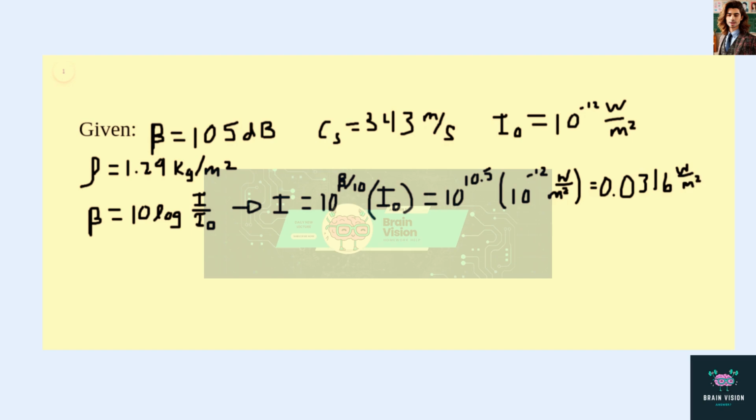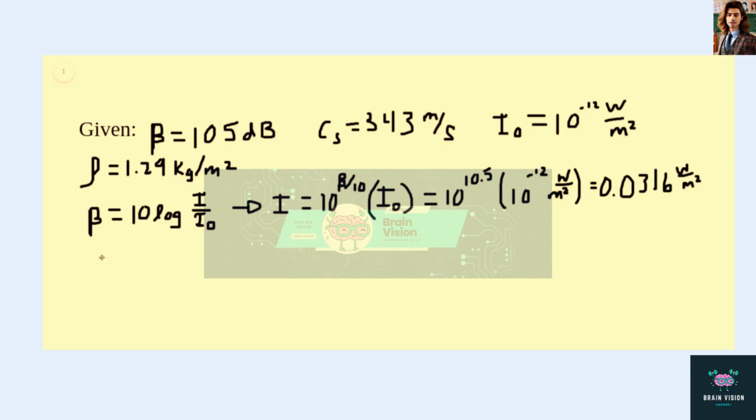Okay, so now that we've found that, we can use that to find the displacement amplitude. We can find it by using equation 15-7 in the book.